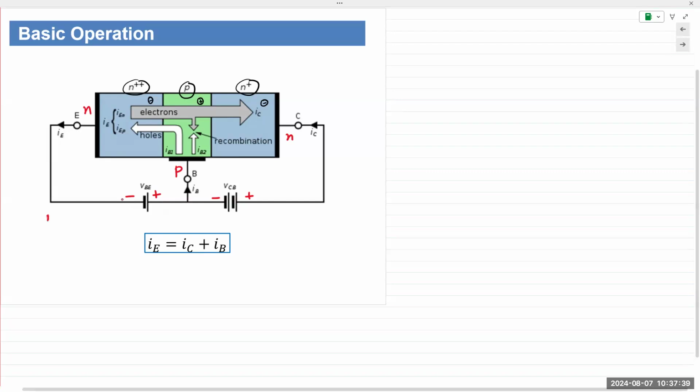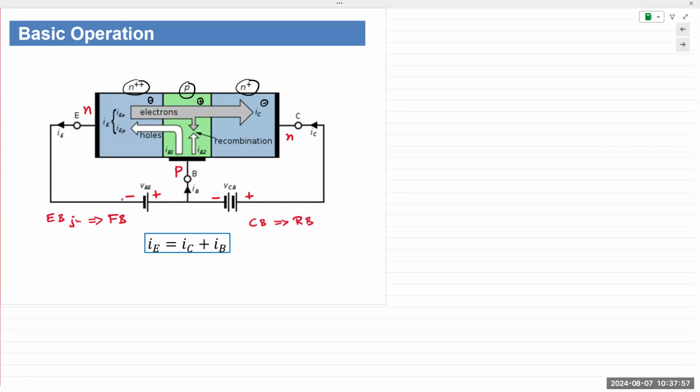So the emitter base junction is forward bias, whereas the collector base junction is reverse bias. And that's where the magic happens. It's reverse bias.